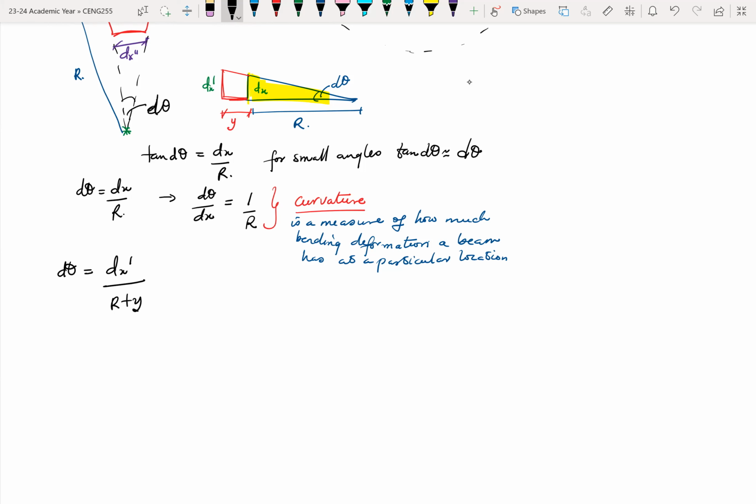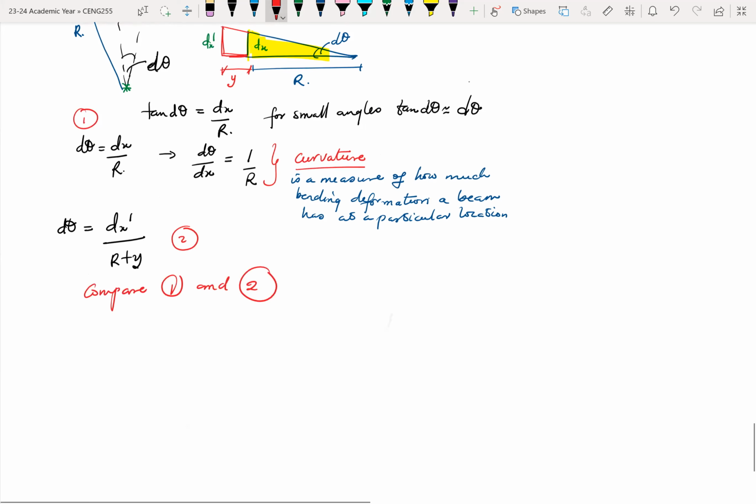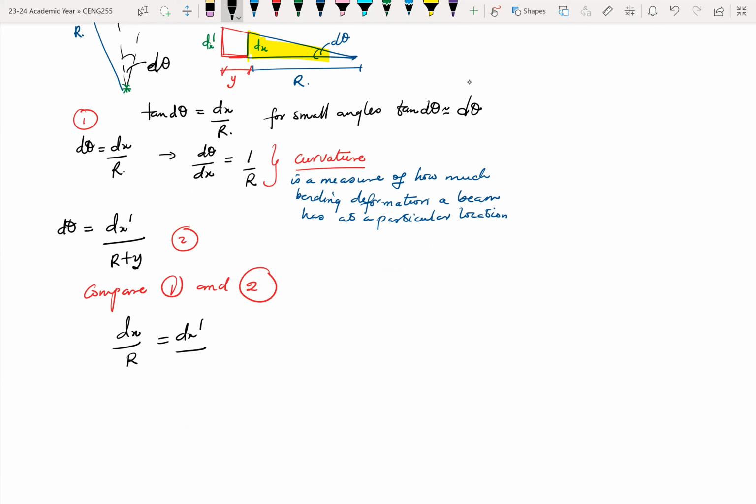So here I can compare the two. Let me say that this is my equation 1, and that's my equation 2. If I compare 1 and 2, we can say dx over r is equal to dx prime over r plus y. It's just something for us to appreciate what goes on.